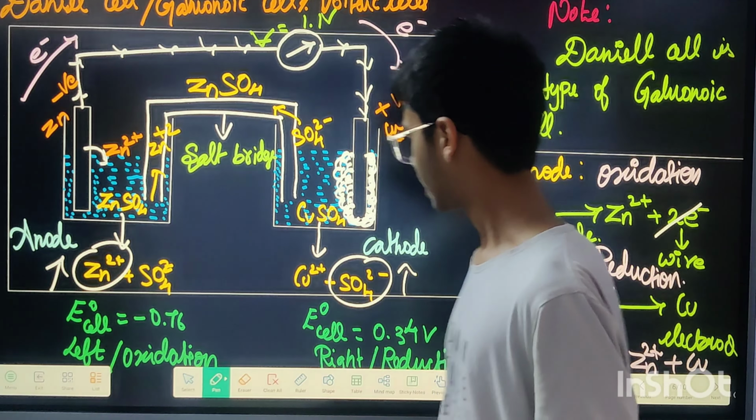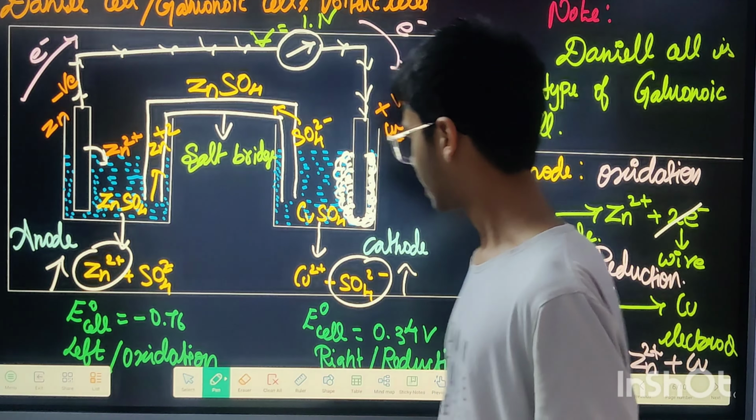If SHE is used as anode, what will be happening in the anode? Anode always has oxidation. In cathode, reduction will be happening. Like that you can remember.